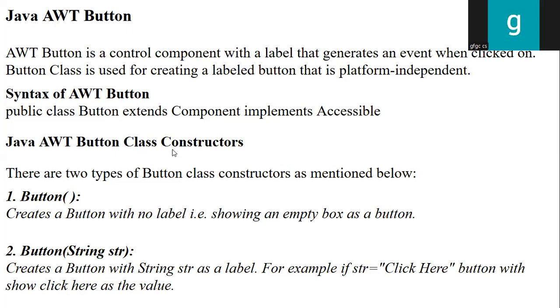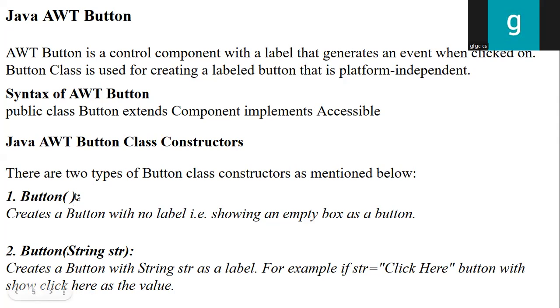Java AWT button class constructors. Here, there are two types of button class constructors as mentioned below. First one is the default constructor. The default constructor is nothing but that I am not going to give the name of that particular button. That means if I want to create a blank button, then I have to use the default button constructor.